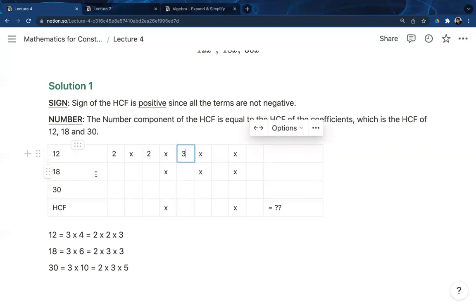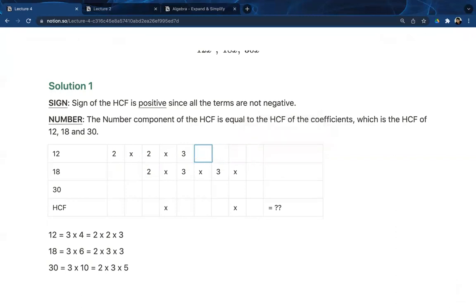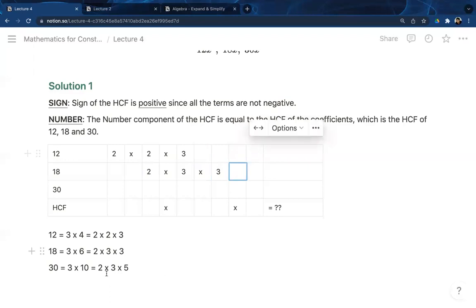For 18, 2 by 3 by 3. For 30, 2 by 3 by 5.